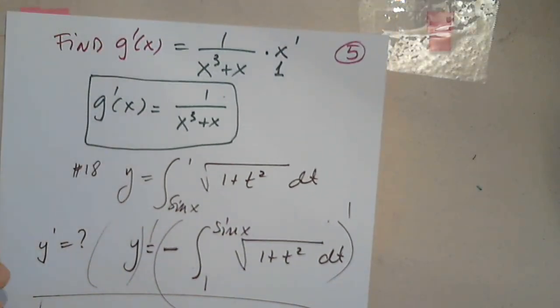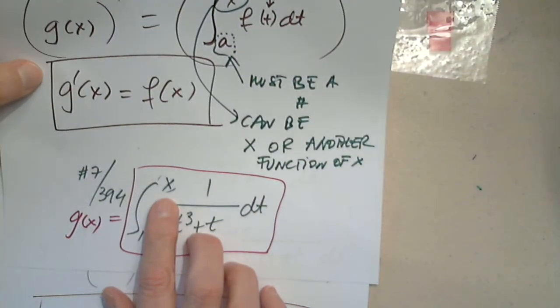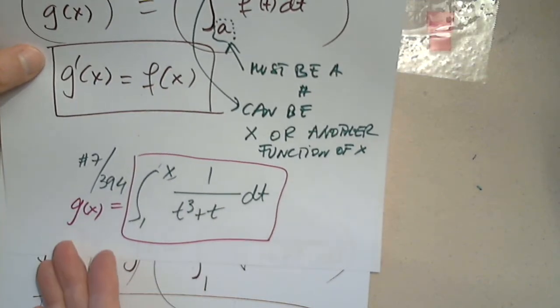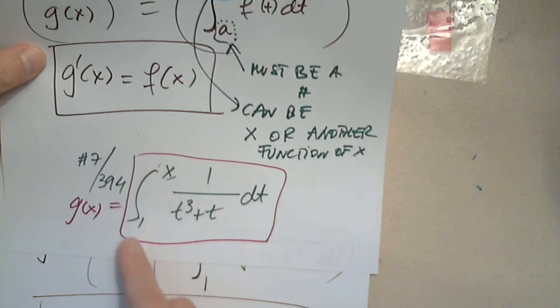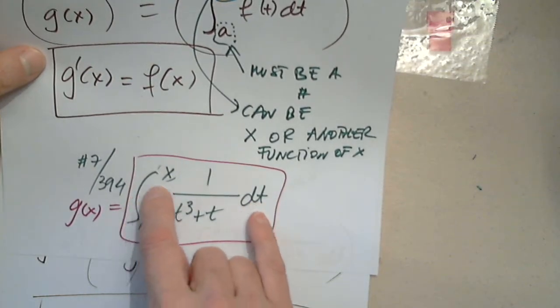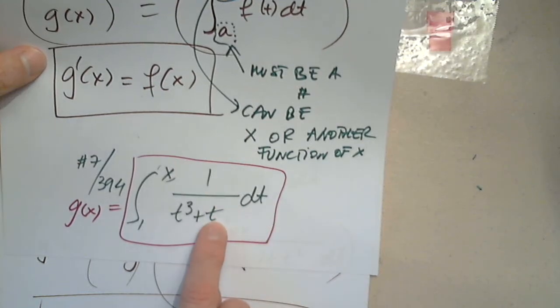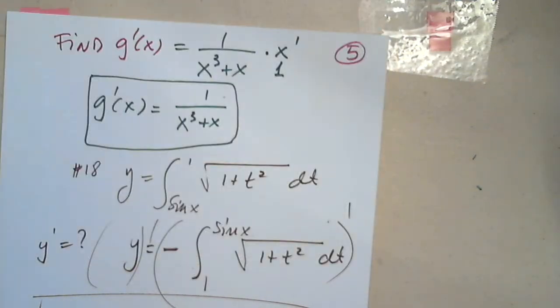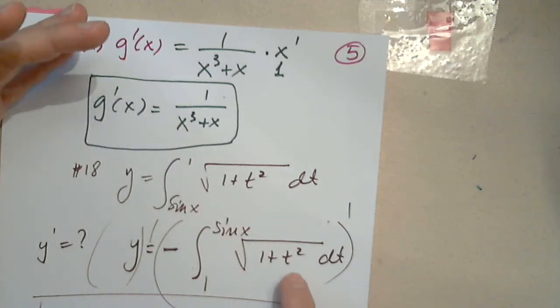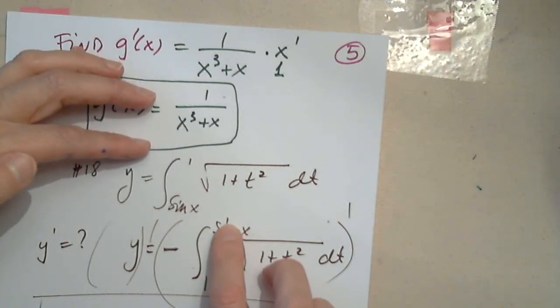So when I had x, it's a function of x. Its derivative has to be a function of x. So when I differentiate, the integral and dt go away, but now t gets replaced by x. Here, I don't have x. So therefore t must be replaced by whatever I have.